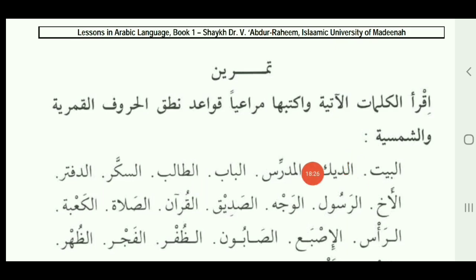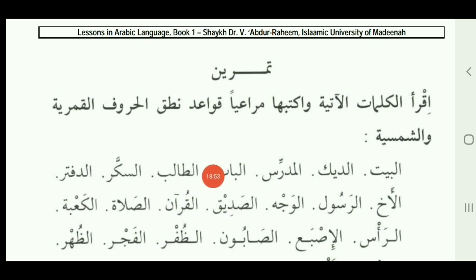Al-mudarrisu, the teacher. Here you pronounce the lam because mim is categorized to be a qamariyya letter. Al-babu, you pronounce the lam here too. Ba is also categorized to be among the qamariyya. Al-babu meaning the door.